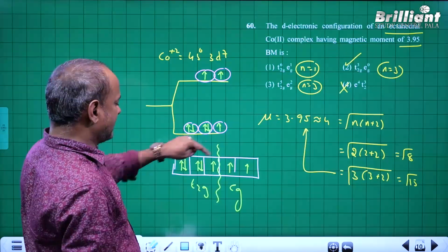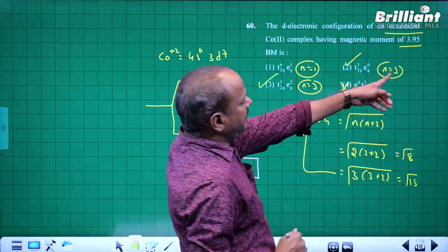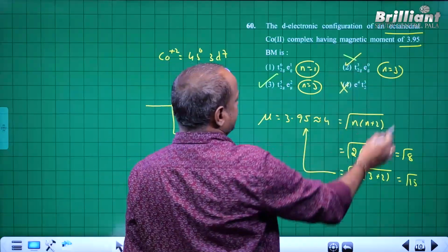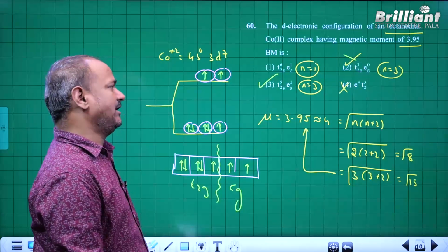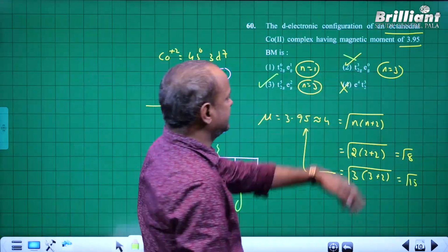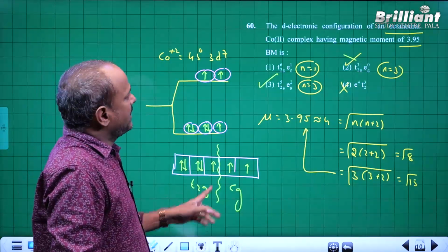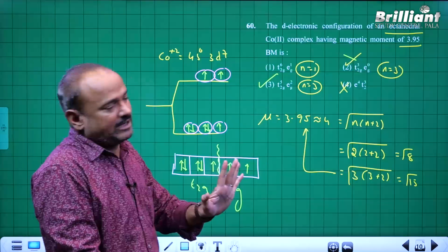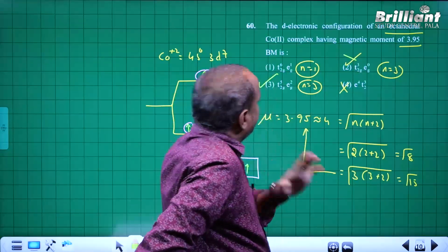So total 3 unpaired electrons. Here 3 unpaired, but the configuration is not suitable. That's why this is not correct, because we want the 3d7 configuration, 5 plus 2, 7 electrons required. Here only 3 electrons. That's why option 3 is correct, because of t2g. And it is not given whether strong field ligand or weak field ligand. That is not the requirement. We want only 3.95, that is 4 unpaired electrons, 3 unpaired electrons required.